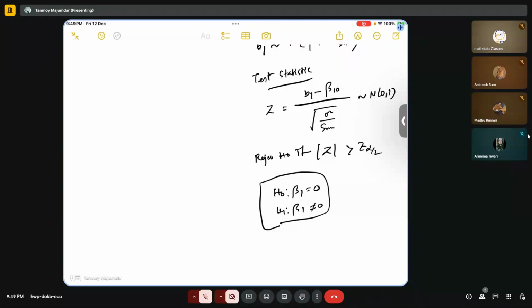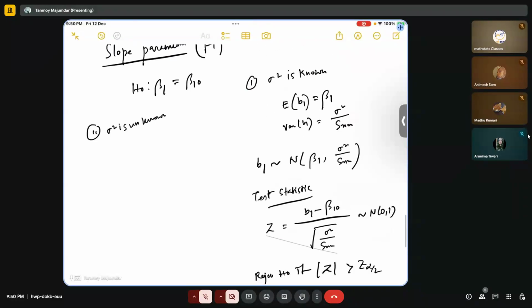If we consider the model y equals beta naught plus beta 1 x, the rejection of the hypothesis signifies that we have to consider x as our independent variable. X is important. If the hypothesis is rejected, it means x is important. So that's why this test is very important for beta 1.